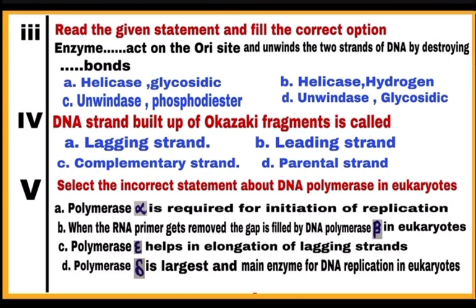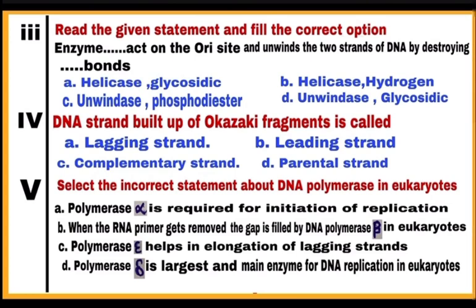Question number 5. Select the incorrect statement about DNA polymerase in eukaryotes. Actually, there are 5 types of DNA polymerase: alpha, beta, gamma, delta and epsilon. Now, see the functions of these given in options below.